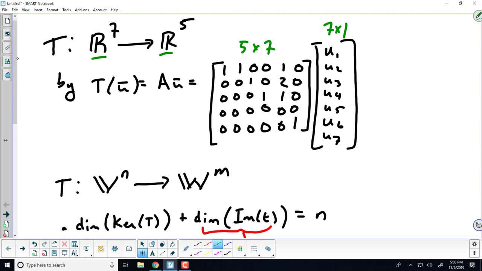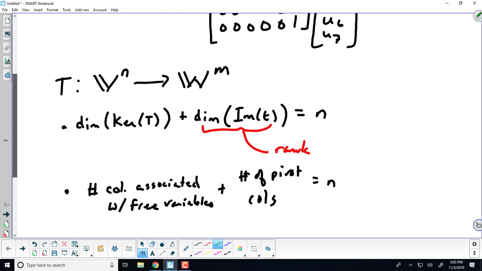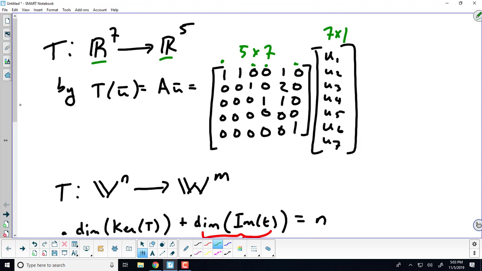We notice that the first column is a pivot column. This third column's a pivot column. This fourth column's a pivot column, and this fifth column's a pivot column. So we've got 5 pivot columns. So we know that the dimension of the kernel of T is 5, and we know that, oops, is that 5?